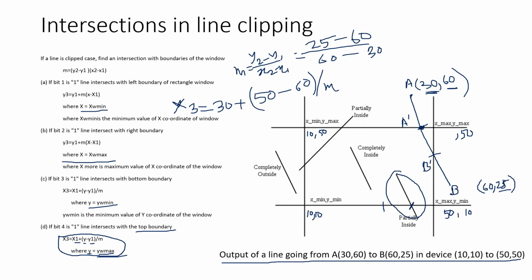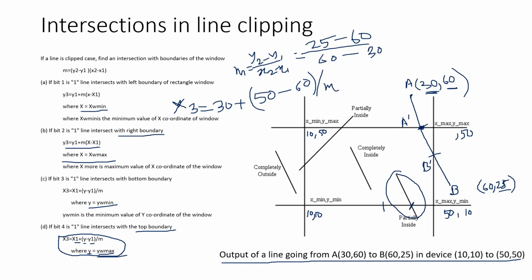What will happen if it is intersecting the right boundary? This is going to happen where you have to set x equals to xw max and you have to calculate the value of the new y3. Okay, so that is how it is going to happen.